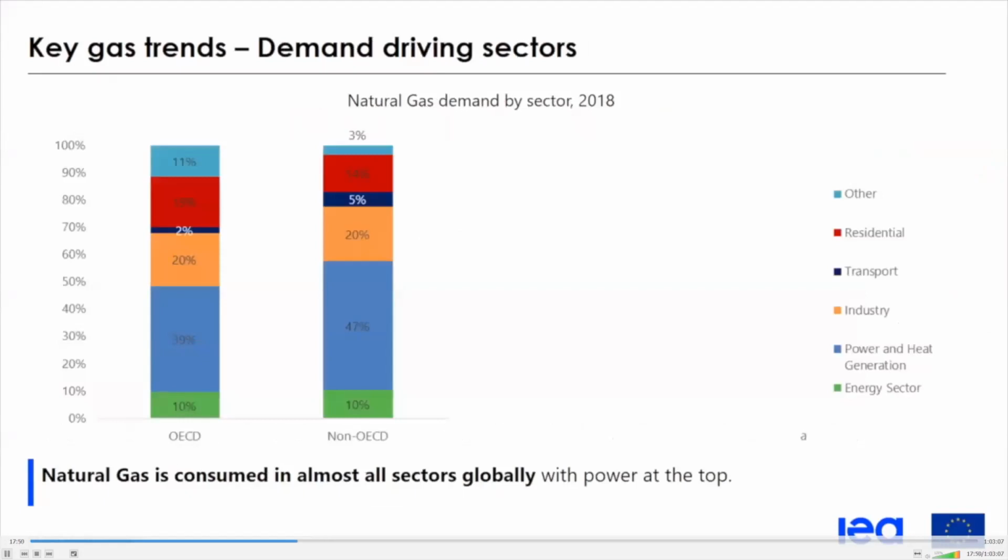So this is a chart that presents the demand driving sectors for natural gas in various regions. OECD, non-OECD, we can see that in any case, power and heat generation are on top of the driving sectors, but there is already a distinction between OECD and non-OECD regarding the demand in residential sectors, as many offices and buildings in OECD are now heated by natural gas when it's less common in non-OECD countries.